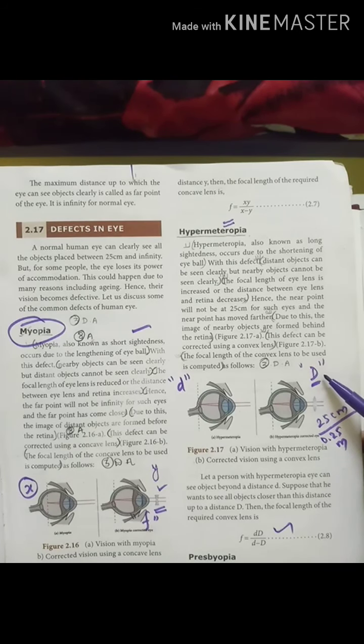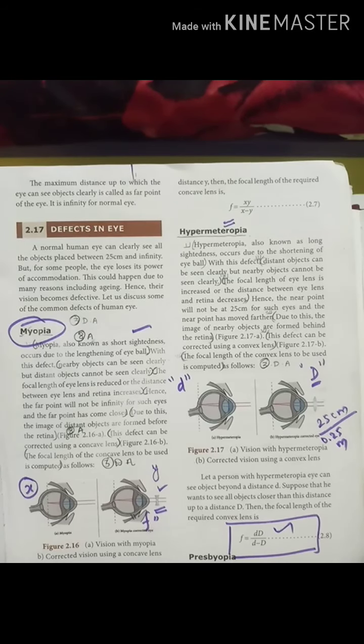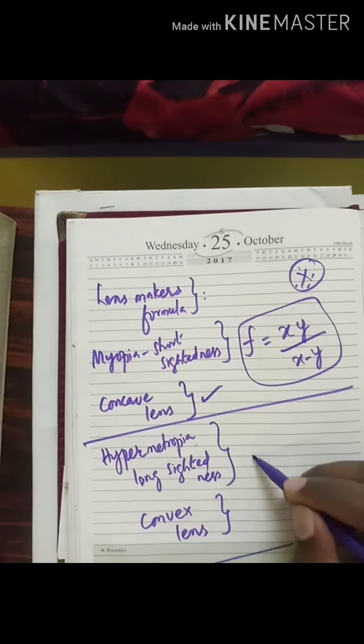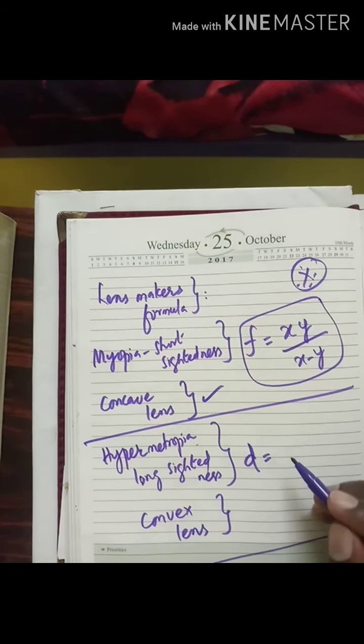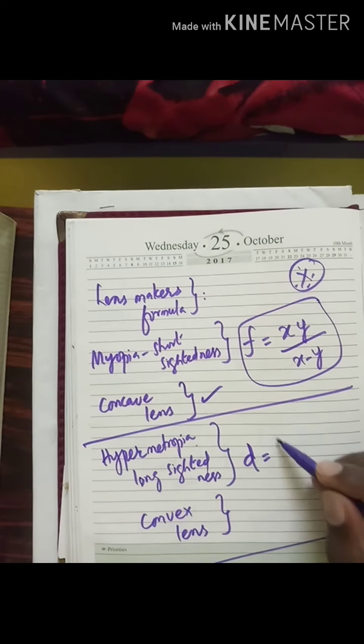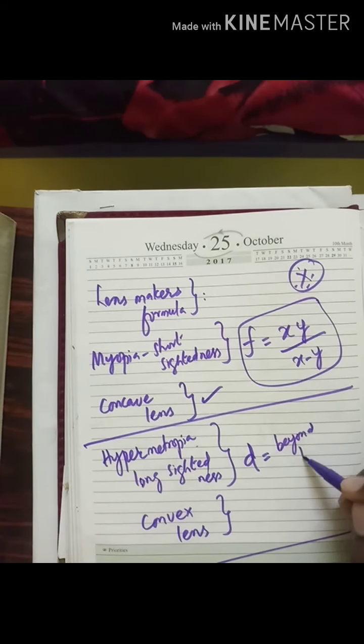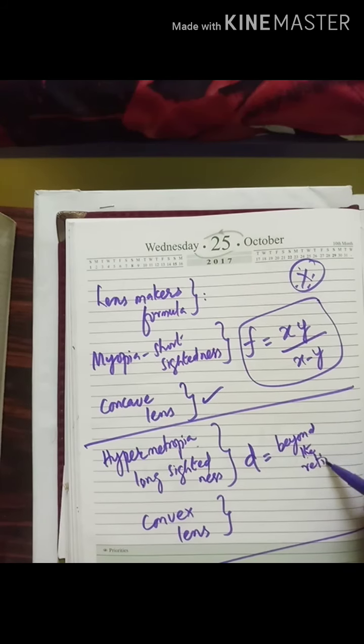So this D value is very important in calculating the focal length for a hypermetropia patient with the help of the formula f is equal to D into d divided by D minus d. So here d is the distance where the image is forming beyond the retina. So this d is beyond the retina, the distance where the image is forming.